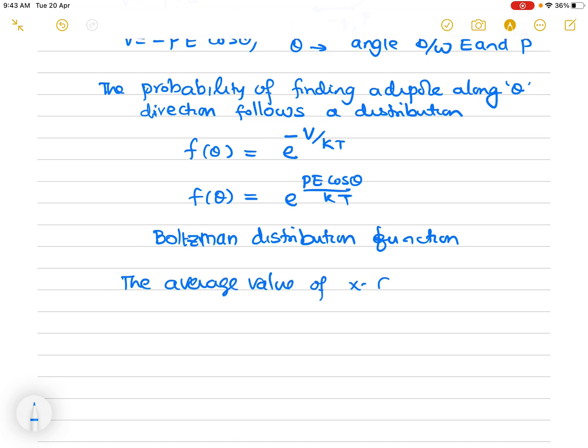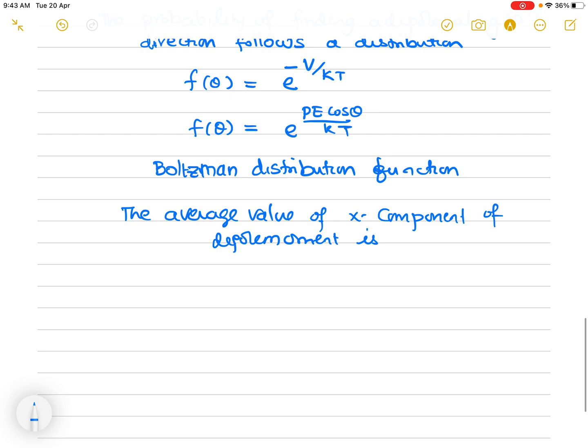We can write it as integral of the x component of p, which is p cos theta, times f of t into solid angle, divided by f of t into d omega. So this is the average value of x component of dipole moment.